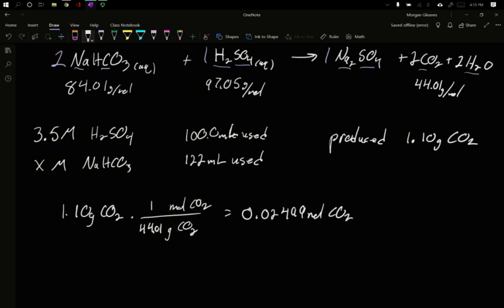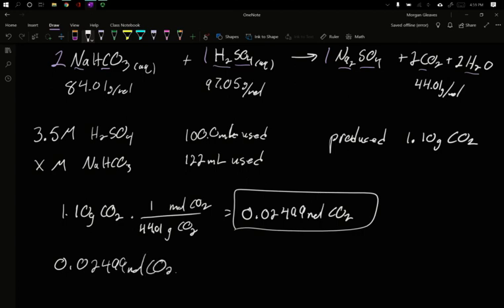Well, if I know moles of a chemical, I can find moles of my other chemicals. And so 0.02499 mole of CO2. The balanced reaction says for every 2 mole of CO2, I must have had 2 mole of NaHCO3, my bicarbonate.